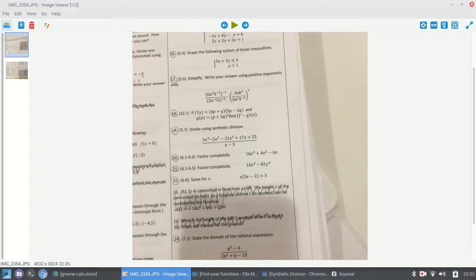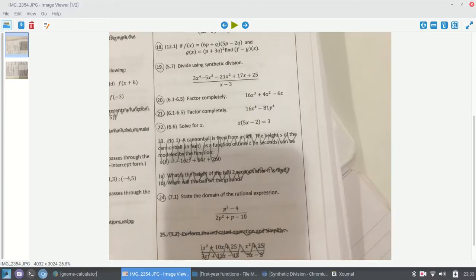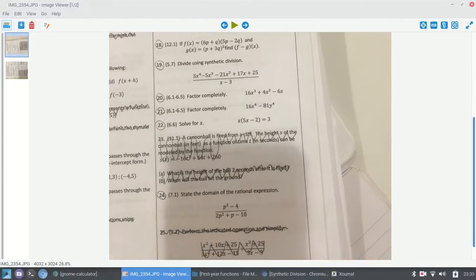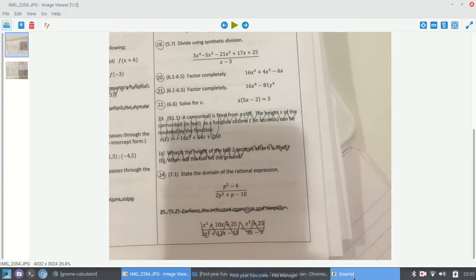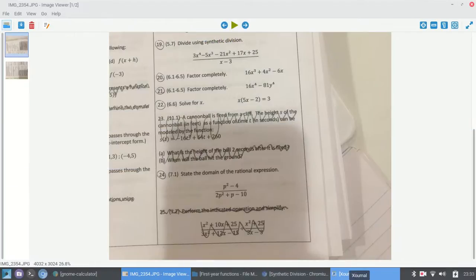I think this is the last question. State the domain of the rational expression. Well, the only problem I see with this is that you can't divide by 0, right? That is the one thing you cannot do. That is taboo.